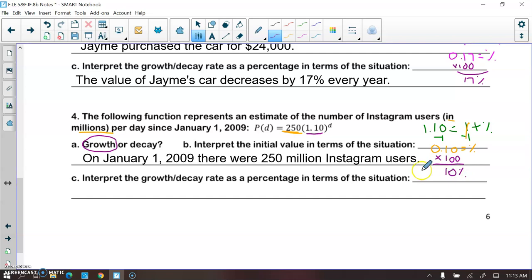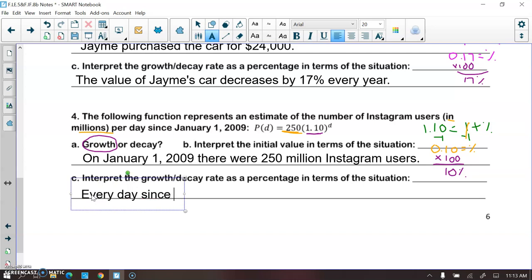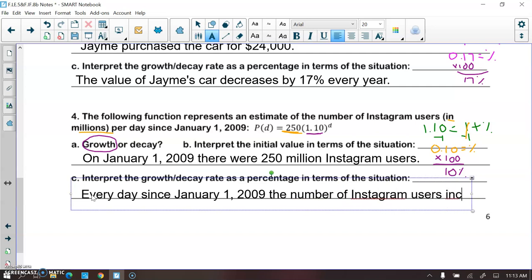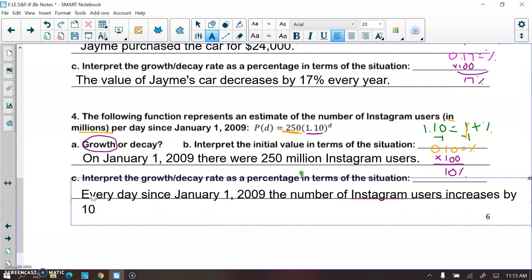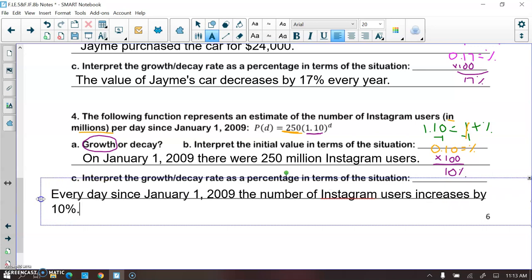So interpreting what this means is that every day since January 1st of 2009, the number of Instagram users increases by 10%. And that's it.